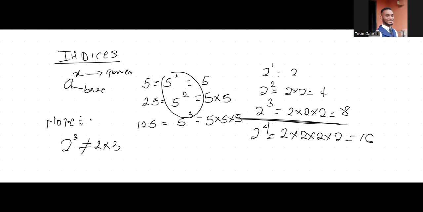That's 2 raised to the power of 3. Then we also have 2 times 3, which is 6. So 2 raised to the power of 3 is 8, and 2 times 3 is 6. So we see that they are not the same thing. In case you see something like this, don't mistake 2 raised to the power of 3 to be 6. It's not the same thing.